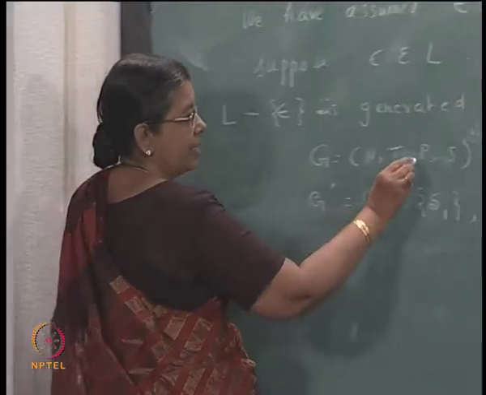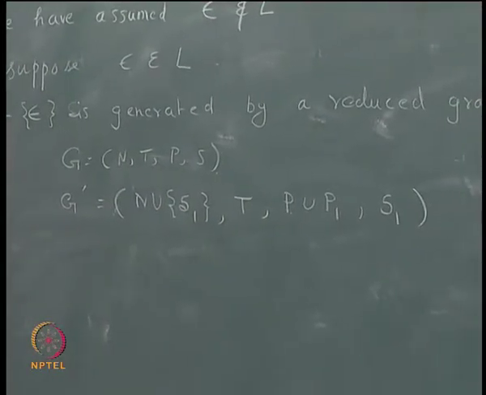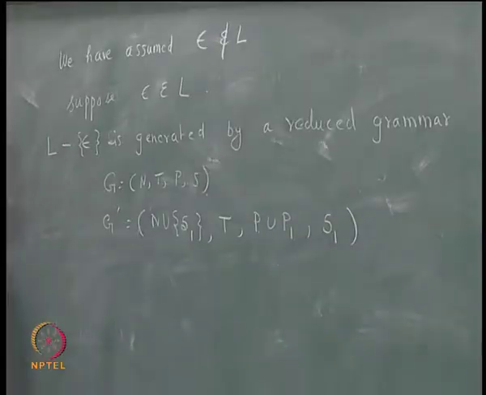All these productions will be there, but you may add a few more productions. And what is the set of productions P1 you are going to add?